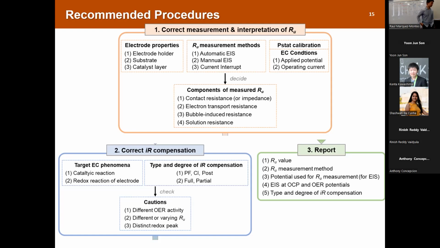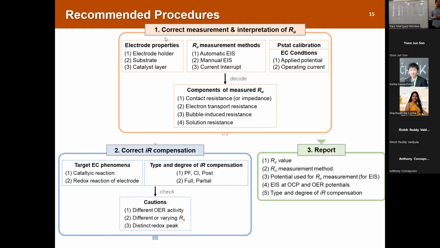We have a question from the chat from Anthony. Thank you, Yoon Jun. I'm working on a large battery versus a small battery. Would I need to use different IR compensation techniques? So I guess different size means different geometric area of the electrode, right?